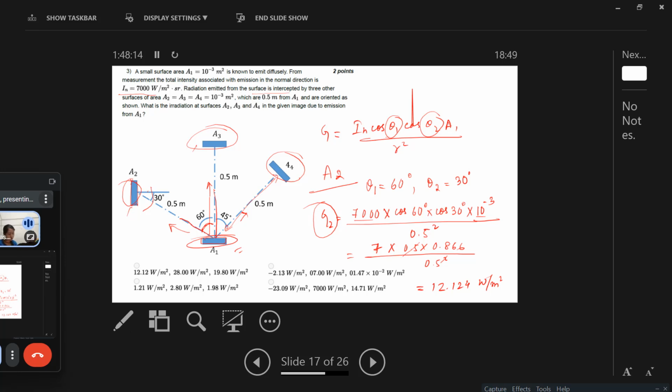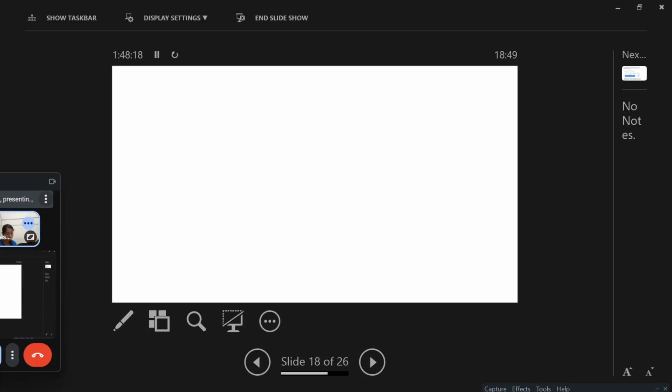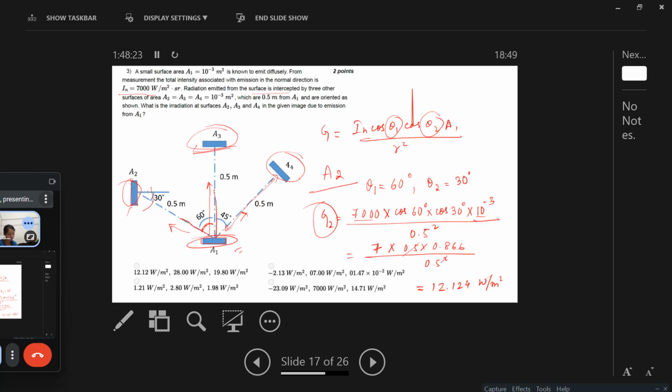So next we see for surface area 3. Here the normal is exactly perpendicular to this area. The normal to A1 is also the normal to A3.